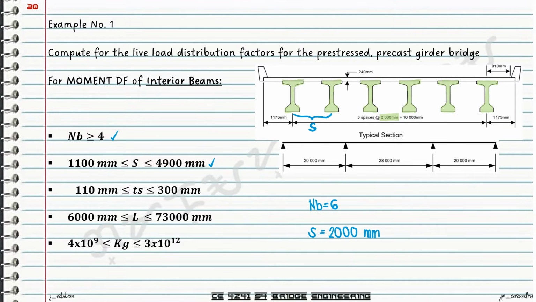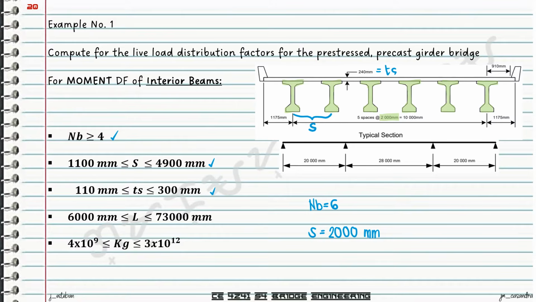Therefore, the second condition is satisfied. The next condition is for the thickness of the slab. From the diagram, we are given the thickness equal to 240 millimeters. Checking now, it's within the range. So the condition for the thickness of the slab is satisfied.